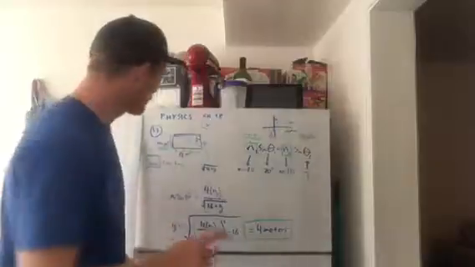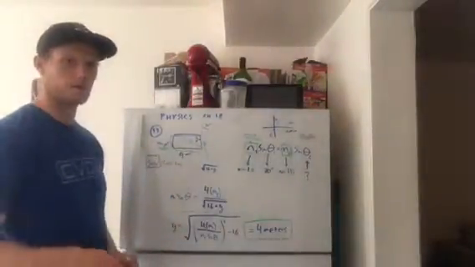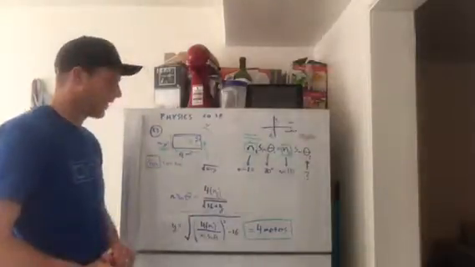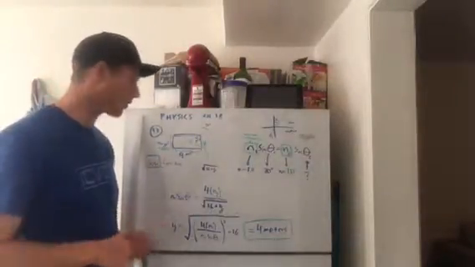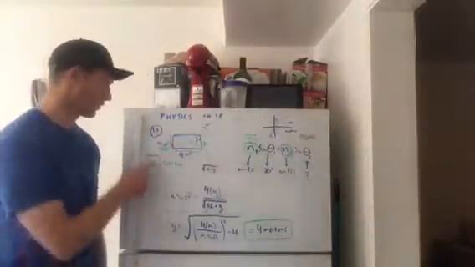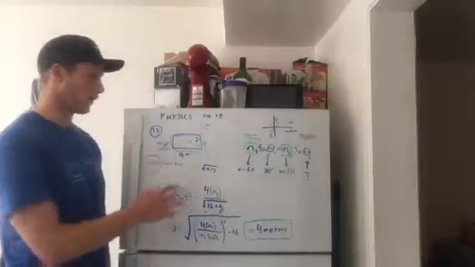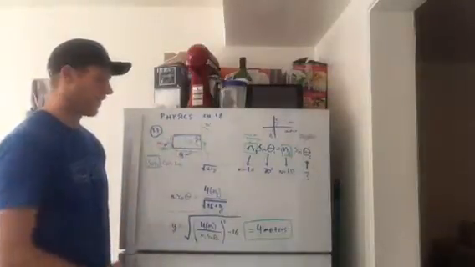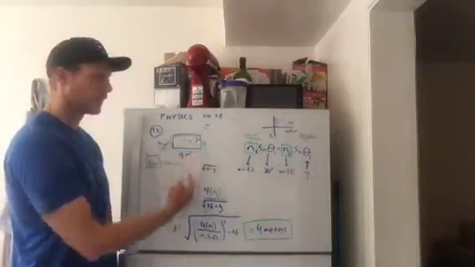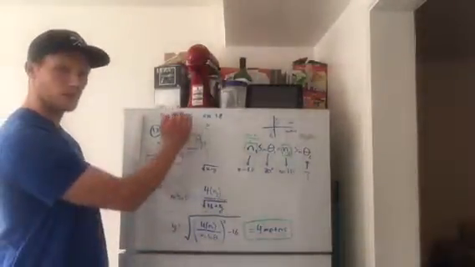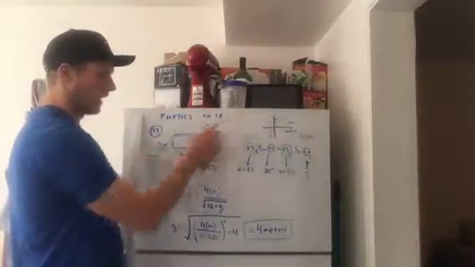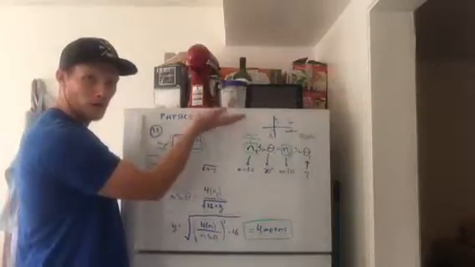Okay, so this is problem 13 off of the chapter 18 homework. The problem asked us to find the height of a swimming pool that is 4 meters wide and completely full of water, with the sun at a 20-degree angle above horizontal.